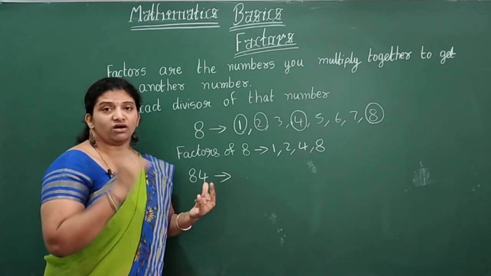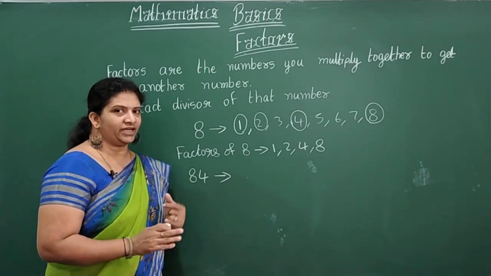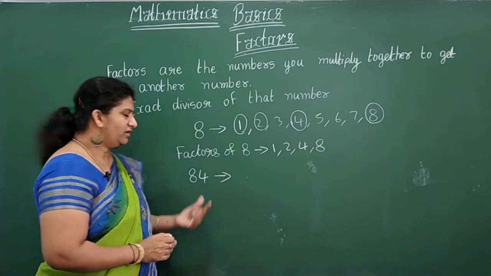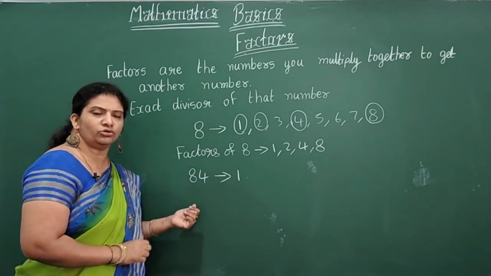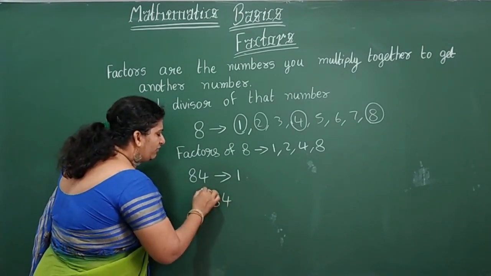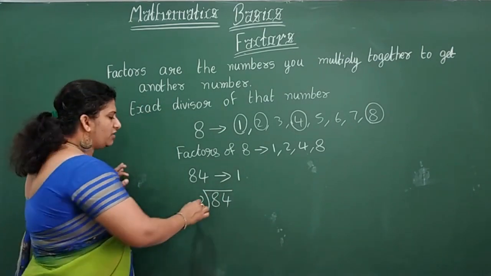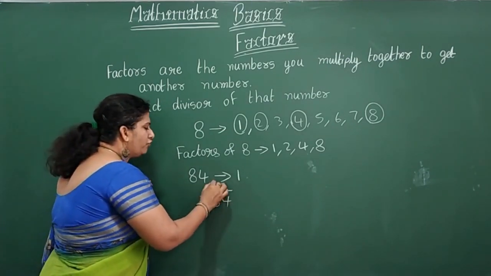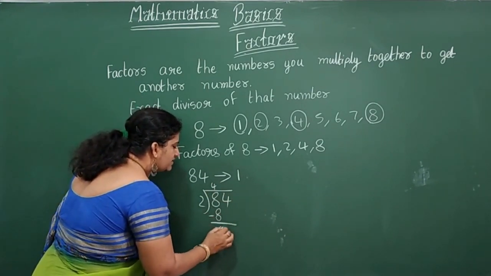0 is not a factor of any number, right? 1 is a factor of every number, right? So 1 is a factor. Then coming to 2, just observe what I do, children. 84 divided by 2. Do you remember how to divide this? 2 4s are 8, so 8 minus 8 is 0.